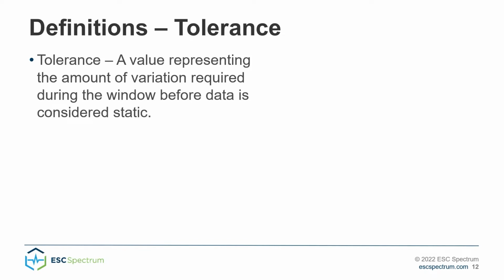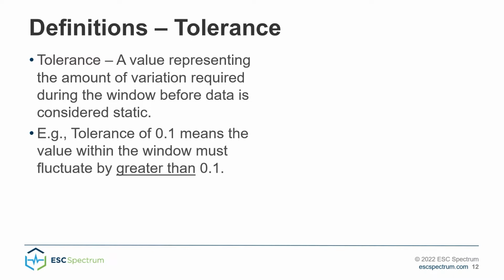So the next setting within Flatline is tolerance. Tolerance is going to represent the amount of variation that's required during that window before the data is considered static and flagged as flatline. So in this case, if we have a tolerance of 0.1, that means the value within the window must fluctuate by greater than at least 0.1.